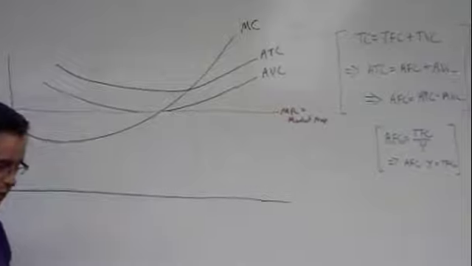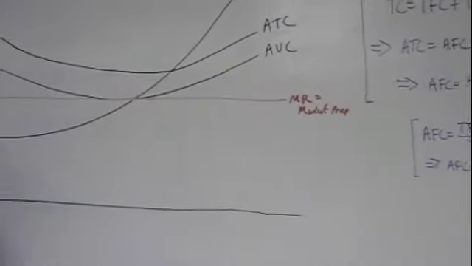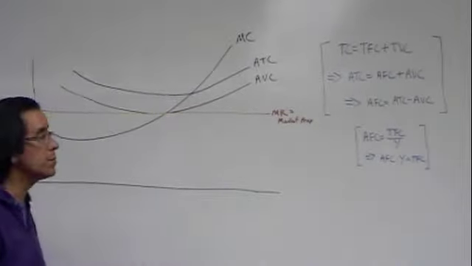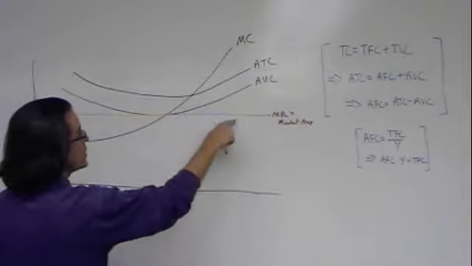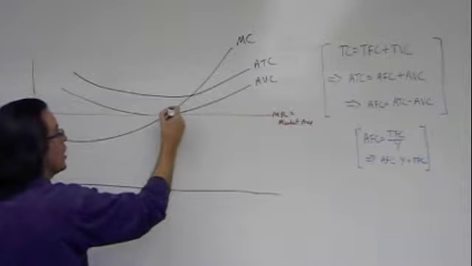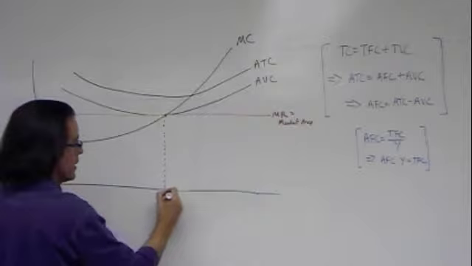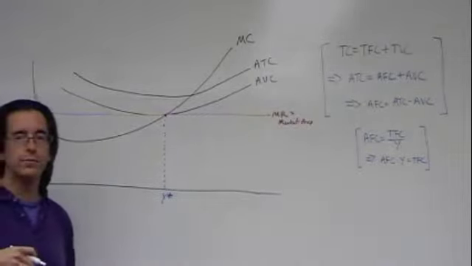So we go through our steps. The firm, here's the price. First step, write down that marginal revenue line, that horizontal line that's equal to the price. Step 2, we look at where the marginal revenue line crosses the marginal cost curve. Marginal revenue equals marginal cost, it's right there. We drop the line. That gives us the y star, the profit maximizing level of output.